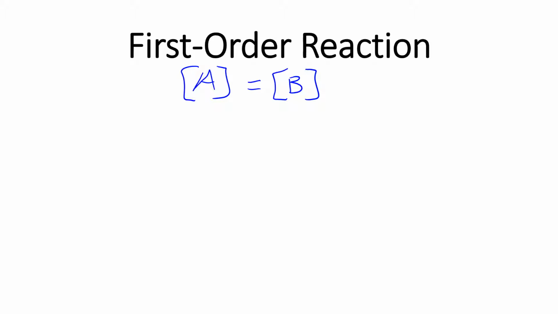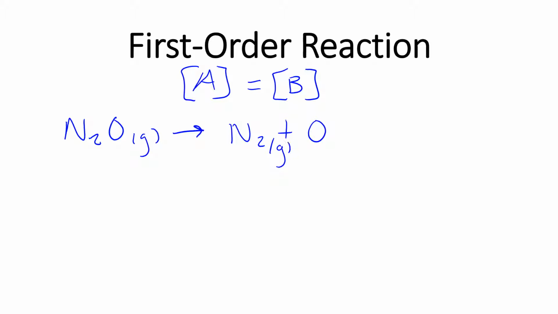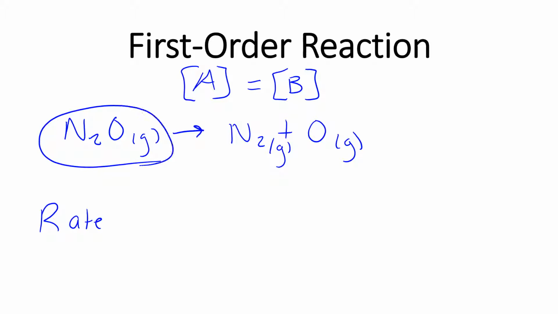So what that might look like in a chemical reaction, let's say you have N2O gas, and that becomes N2 plus O, and these are both gases. Your rate law for here, and remember we only care about the reactants, would be k times the concentration of N2O.